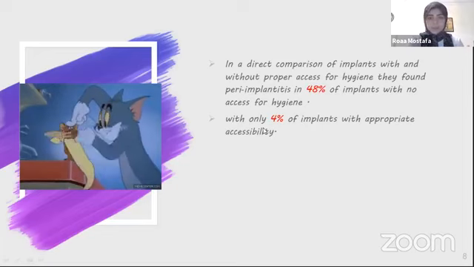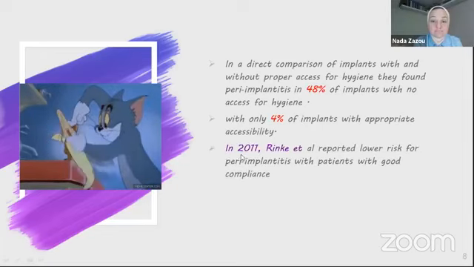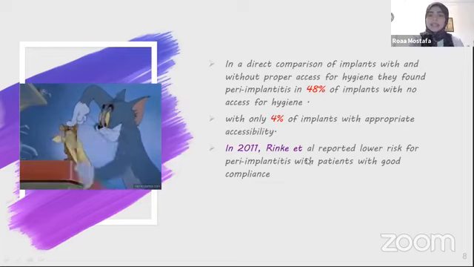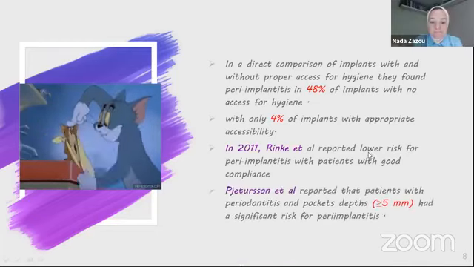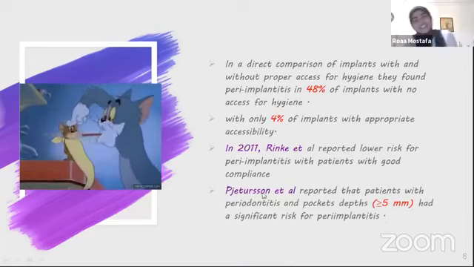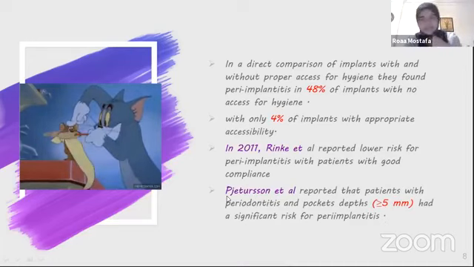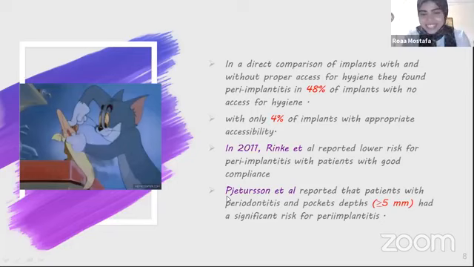This is remarkable. Second of all, 2011, Renvert et al. reported that there is a lower risk of peri-implantitis in patients with good access for good oral hygiene. And I don't know the scientist's pronunciation of this.